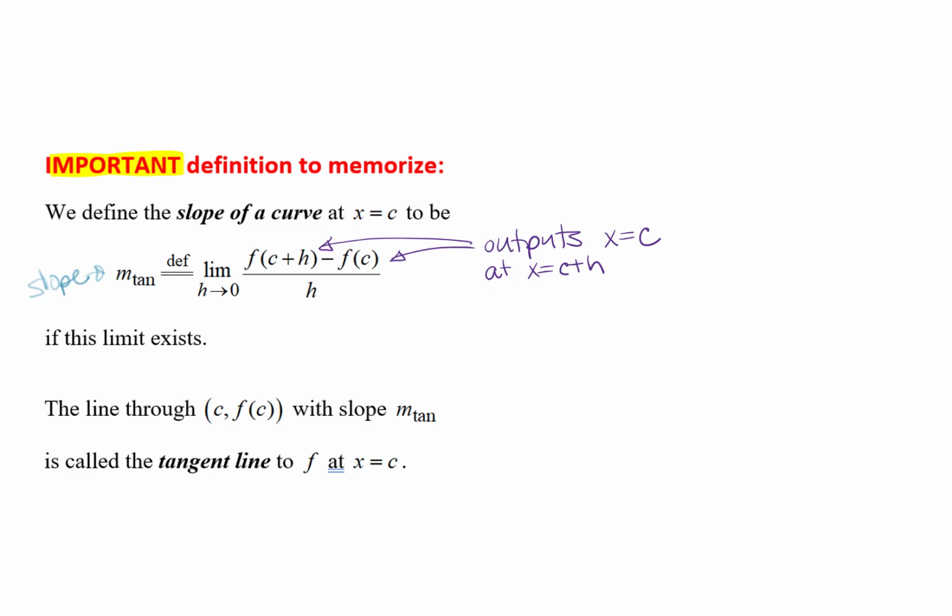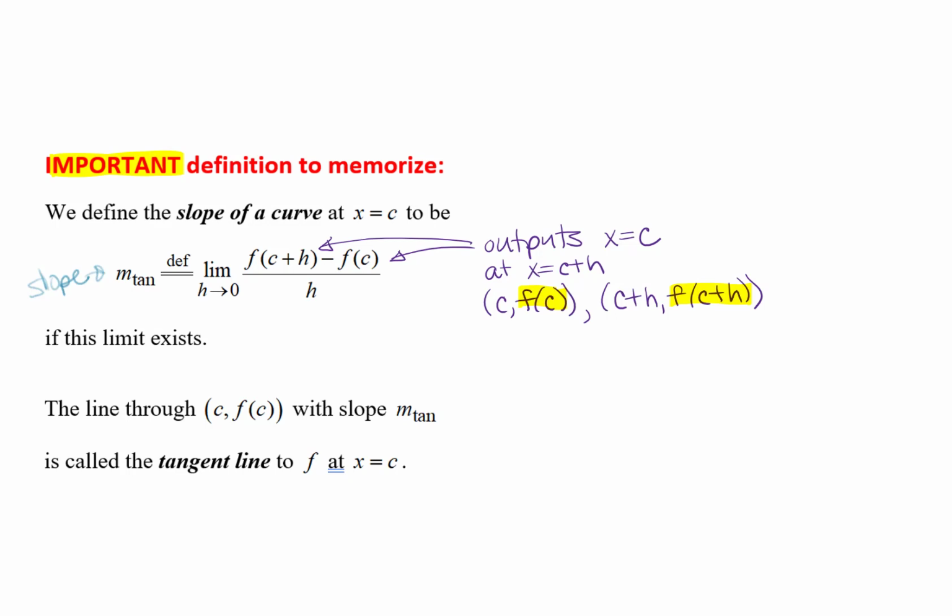So we've got points. One of the points would have an input of c and an output of f of c. And then the second point would have an x coordinate that's a little bit different. So it's different by this h amount. And then we've got the output of that. Okay, so what we have here are 2 points, and in the numerator we've got the change in output, the f of c plus h, that's our second y value, minus the first y value for the first point there, so the change in y on the numerator.